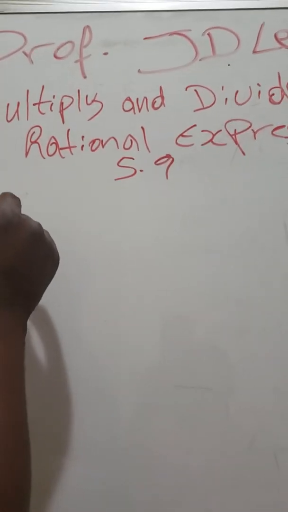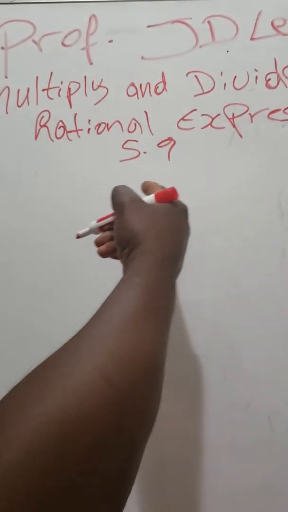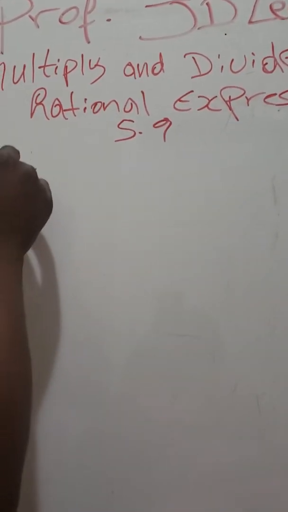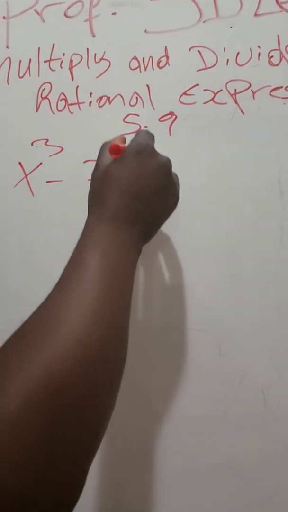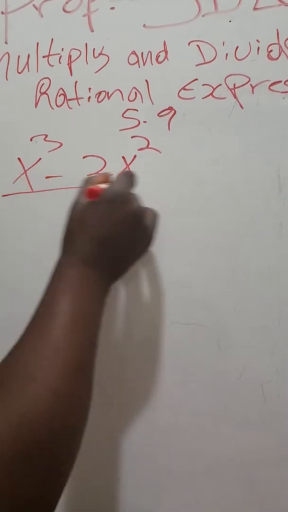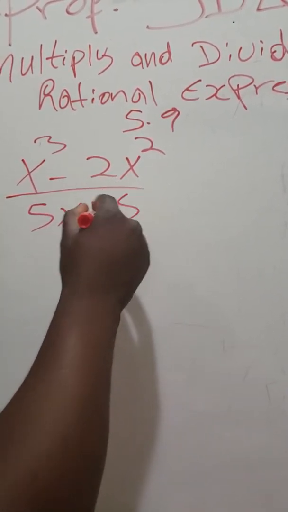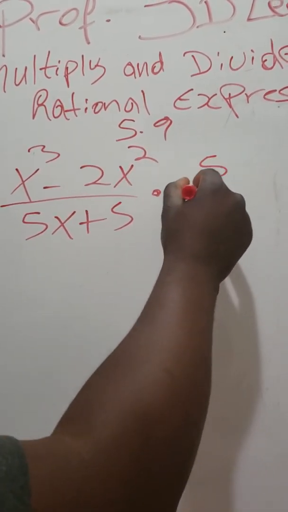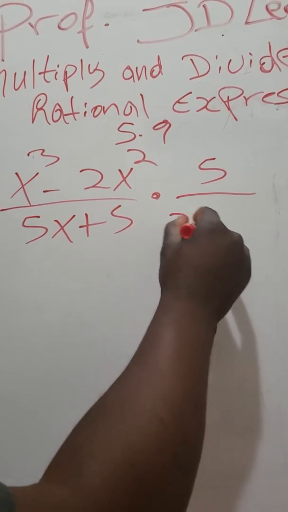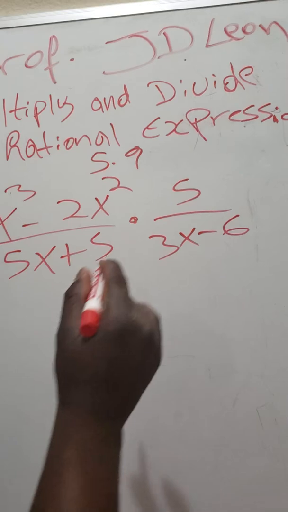Let's take a look at this example of multiplying and dividing rational expressions. So you have x cubed minus 2x squared, over 5x plus 5, times 5 over 3x minus 6.